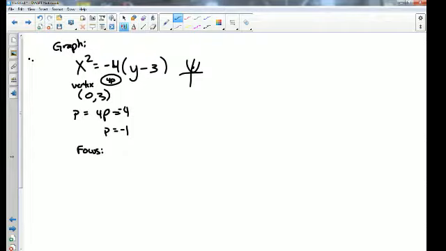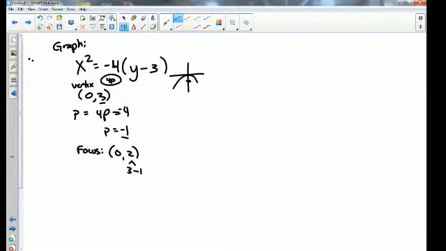That does tell us that this is a downward parabola. So the focus is down here. So the focus is 0, 2, because that is 3 minus 1. Right. So it's the y value minus the p, or plus it, actually, it's just negative.